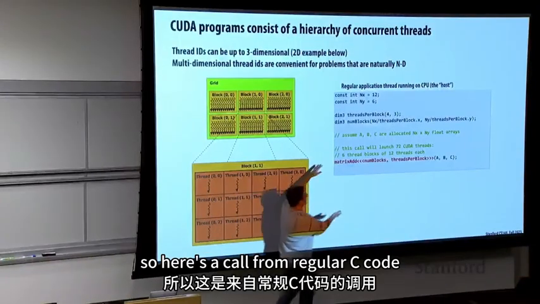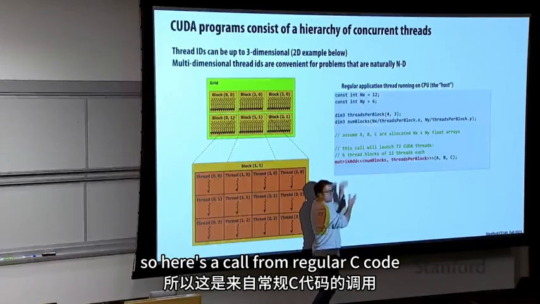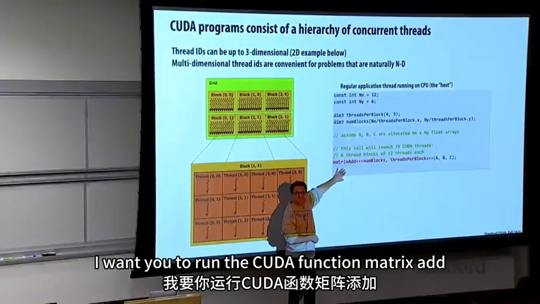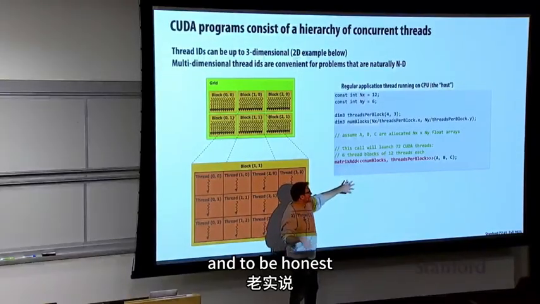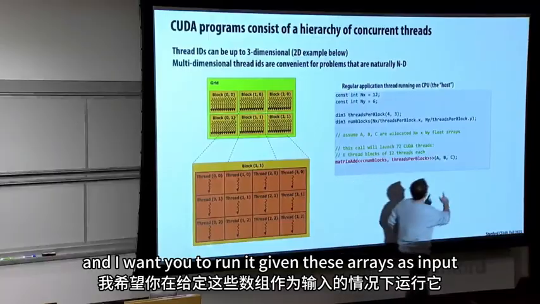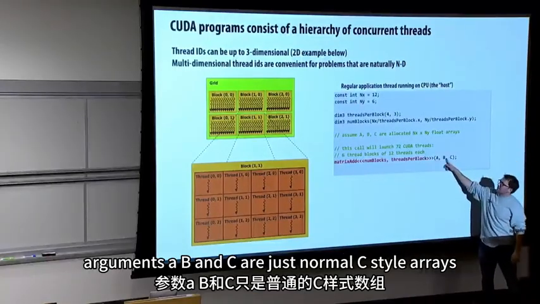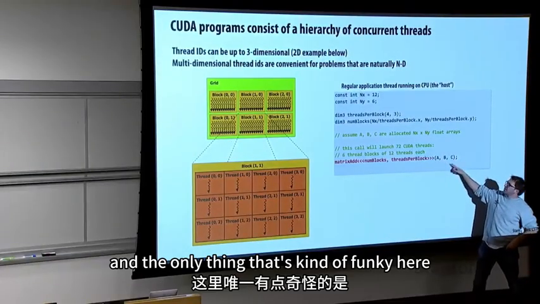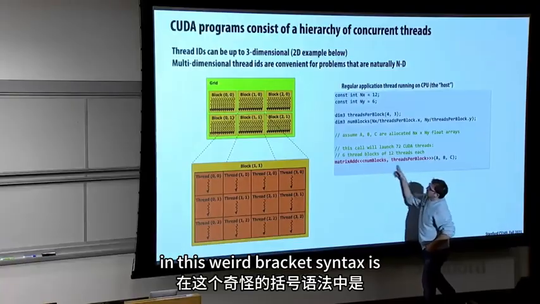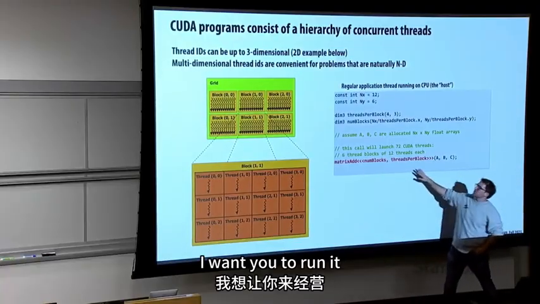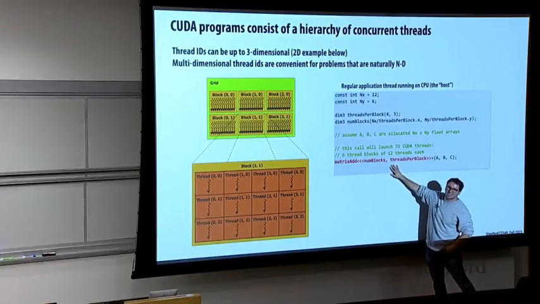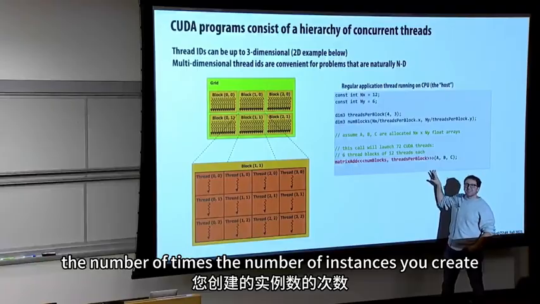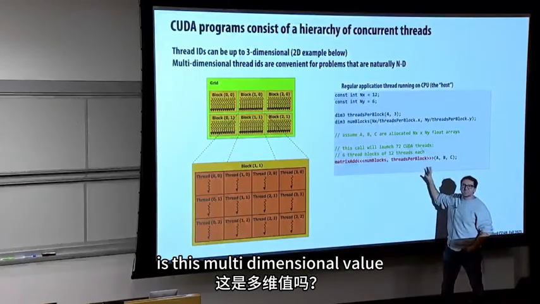So here's a call from regular C++ code, which says, I want you to run the CUDA function matrix add, and I want you to run it given these arrays as input arguments. A, B, and C are just normal C-style arrays. And the only thing that's funky here, in this weird bracket syntax, is that instead of saying I want you to run it n times, the number of instances you create is this multi-dimensional value.